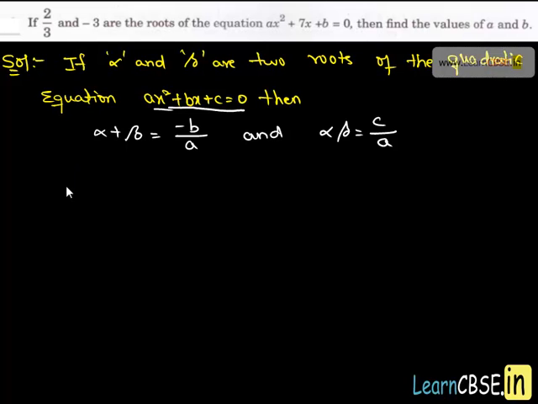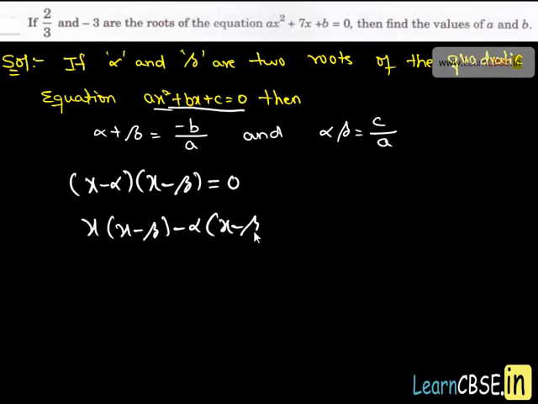Suppose we have alpha and beta as roots, then the quadratic equation is (x - alpha)(x - beta) = 0. Let us distribute x to x - beta and negative alpha to x - beta. x times x is x², and -beta x and -alpha x.